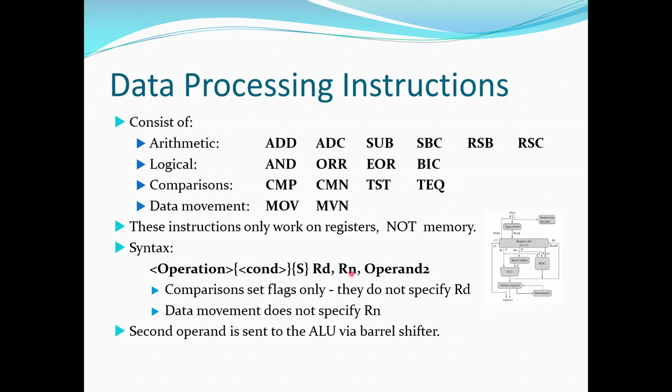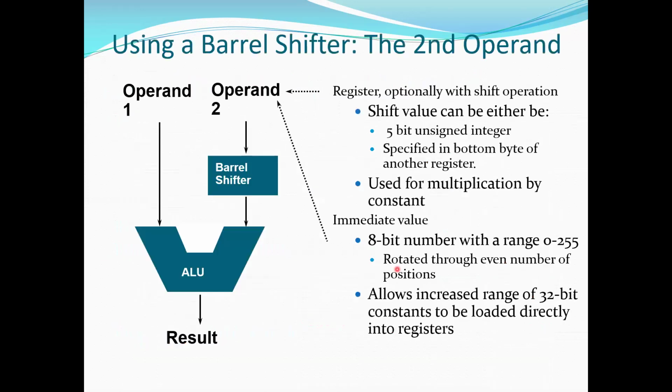And next, the ARM processor uses a 3 operand instruction format, not just 2 operands, unlike Intel controllers or processors. The first field is the destination register, which is considered as RD, and the second field is RN, one of the registers in your register file, and the third field is the operand, which has multiple options. Your operand 2 can be given directly from the register file.